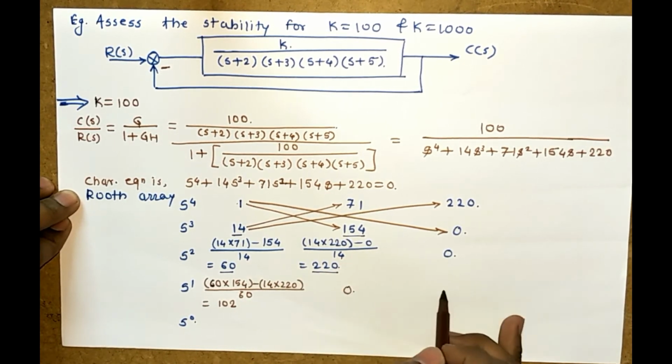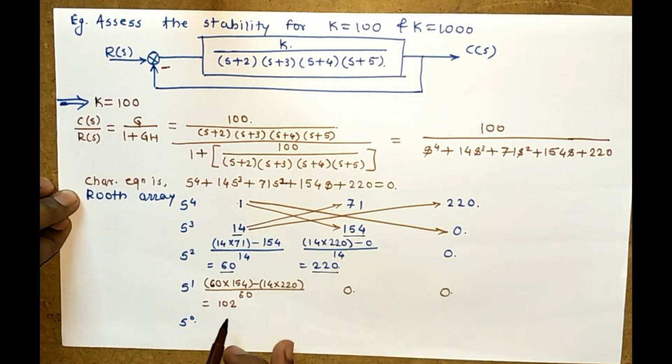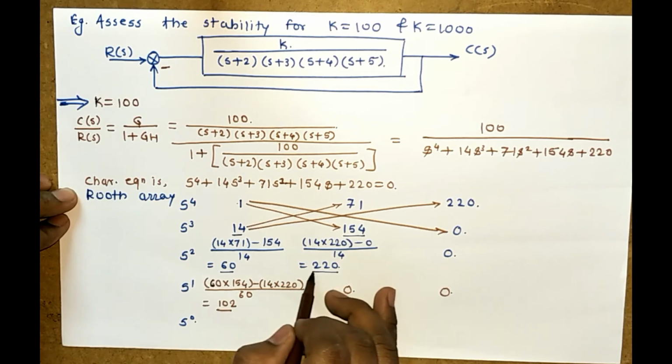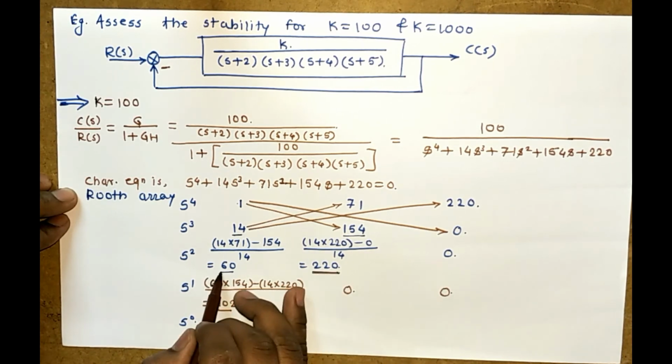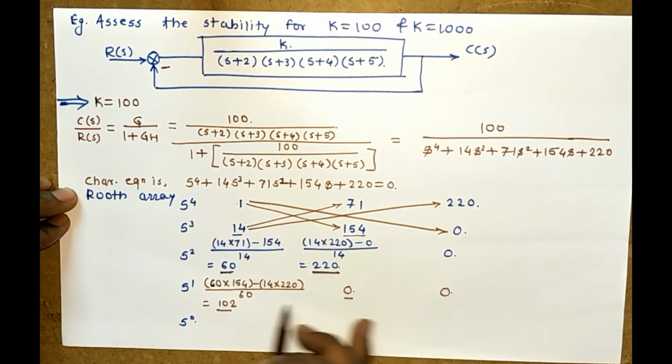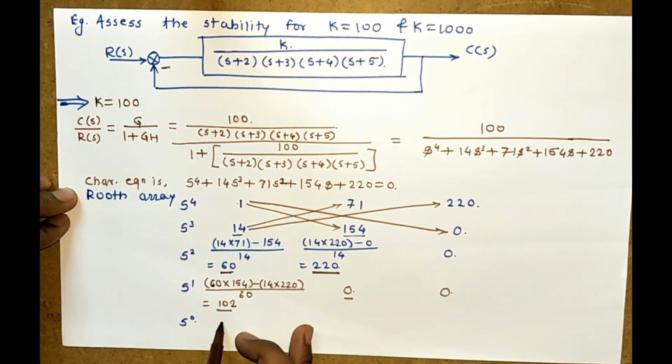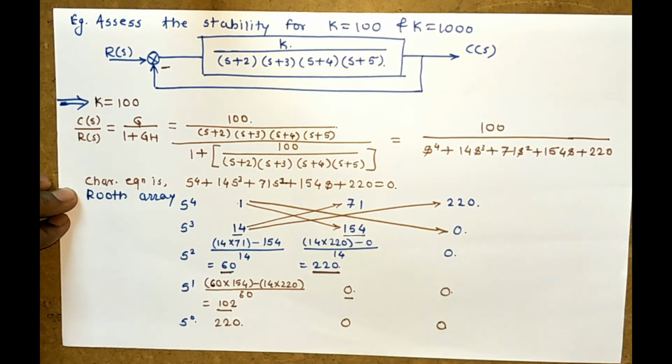Now find out the last row. 102 into 220 minus 60 into 0 divided by 102. So the answer is 220. Next term is 0. This is the Routh array.